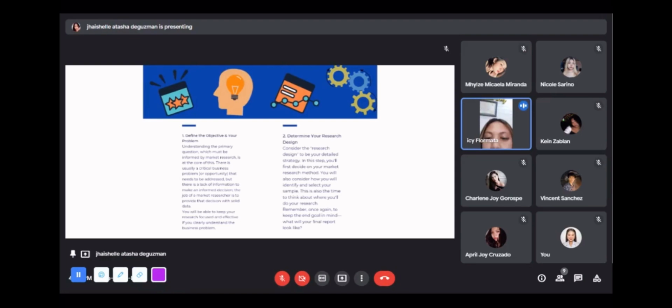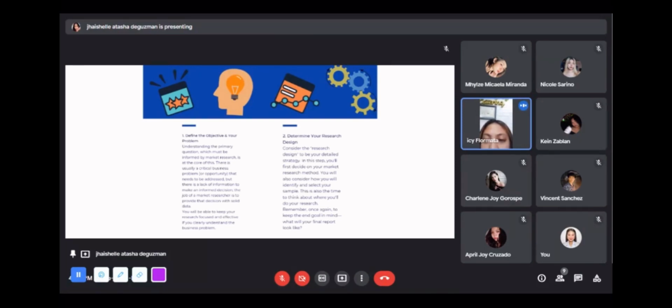Define the objective and your problem. Defining the project's goals is perhaps the most important step in the market research process. Understanding the primary question, which must be informed by market research, is at the core of this. There is usually a critical business problem or opportunity that needs to be addressed, but there is a lack of information to make an informed decision.